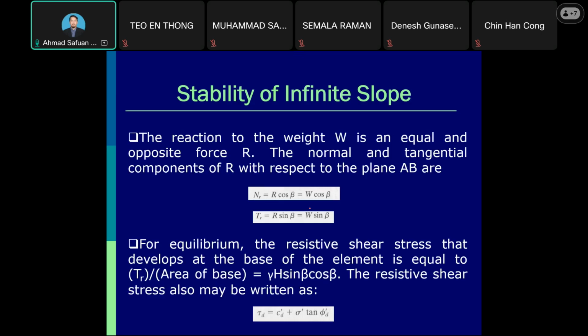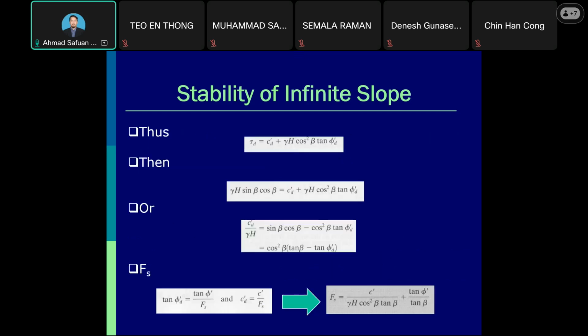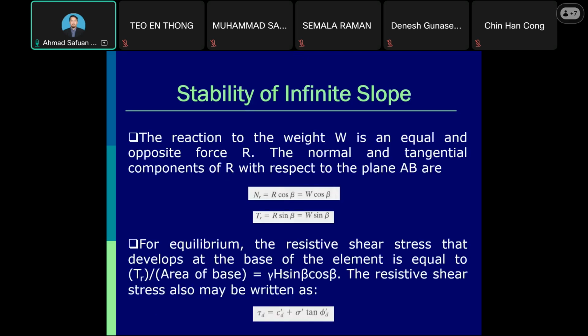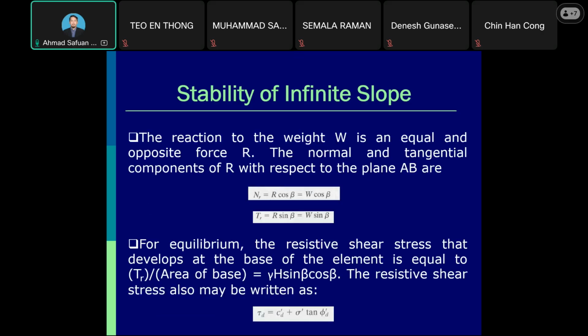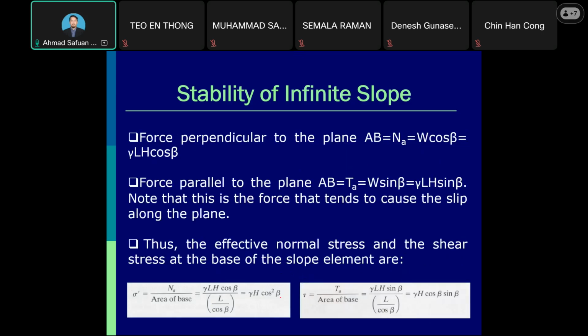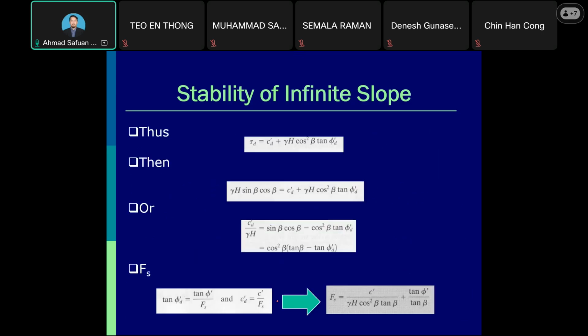So the resistive shear stress also may be written as TD equals CD plus sigma tangent phi D. So TD is equal to gamma H sine beta cos beta, which is equal to CD plus sigma, where we get from here gamma H cos square beta tangent phi.